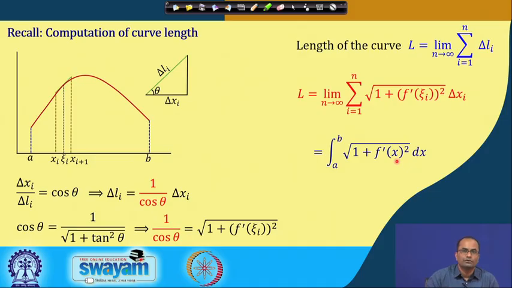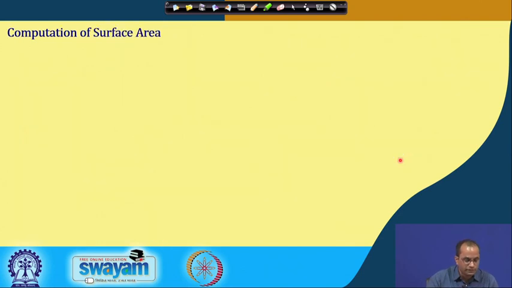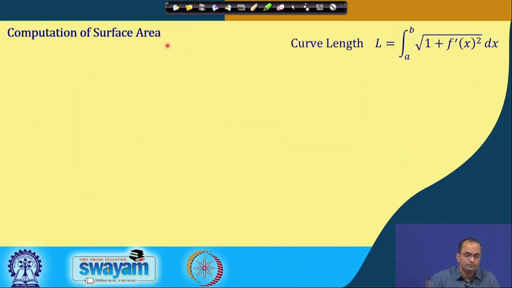We will not go through the formal proof, but if we understood the concept here, in case of this one variable, the integral which computes the curve length is given by the square root of 1 plus f prime square dx. We will just make an extension here now for the computation of the surface area.